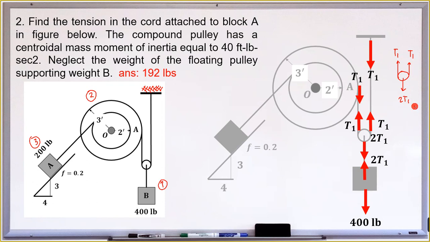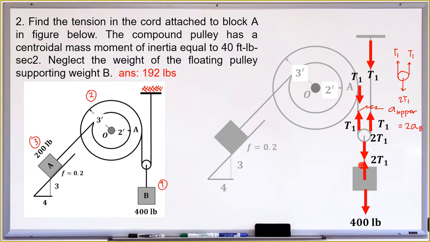In the same manner, the acceleration of the upper part is equal to twice the acceleration of our block B, A_B, because if the rope moves 2 units, the movement of block B is only 1 unit. That is why they correspond in their accelerations.